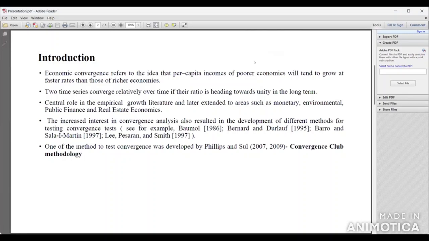We were already done with the introduction about convergence, why we need convergence, and how the recent technique of Phillips and Sul is a new addition to the techniques of analyzing convergence, and subsequently the field of economic convergence has extended to other fields. Initially, it was more focused on the growth literature. However, later it was extended to monetary, environmental, public finance, and real estate economics.